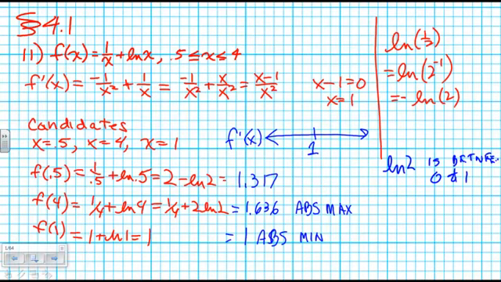Just prior to 1, what kind of values come out of the derivative? If x is less than 1, I get a negative on top, a positive on the bottom. Negative. I've got negative derivatives to the left of 1. When I'm to the right of 1, when I'm greater than 1, I get positive. What kind of function looks like that? It goes down and it comes up.